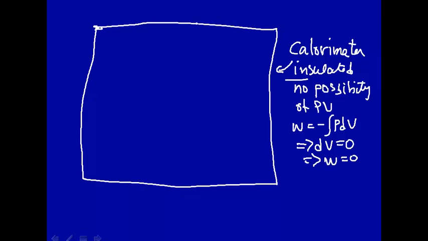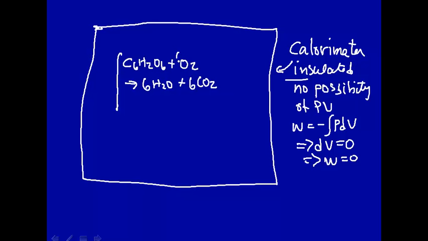So there's no work. Essentially there's a little mini universe in which heat can go from one place to another. And our system, as we suggested in the problem, was a chemical reaction, C6H12O6, that's glucose, and we're going to burn that in oxygen to produce 6H2O and 6CO2. That's a balanced chemical equation.